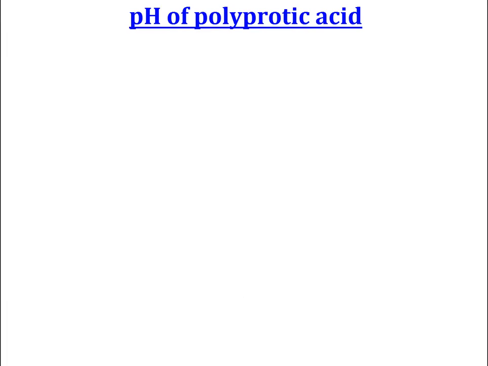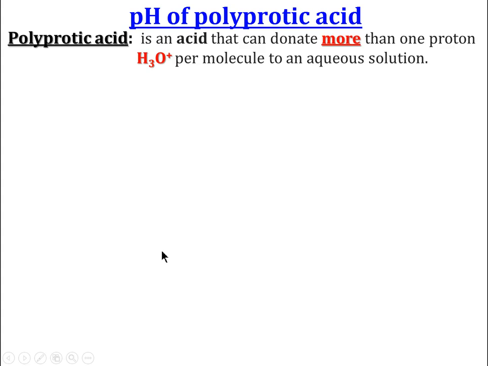In the parts on acid-base, we studied the pH calculation of monoacids. A strong acid, HA for example, releases 1 mole H3O plus, and a weak acid, HA, releases less than 1 mole H3O plus. By definition, a polyprotic acid is an acid that can donate more than 1 proton H3O plus per molecule to an aqueous solution.